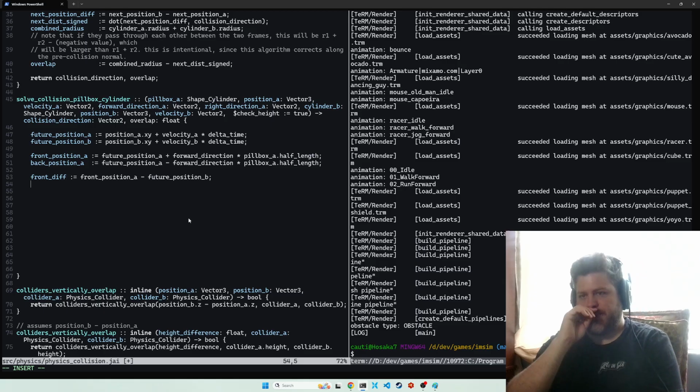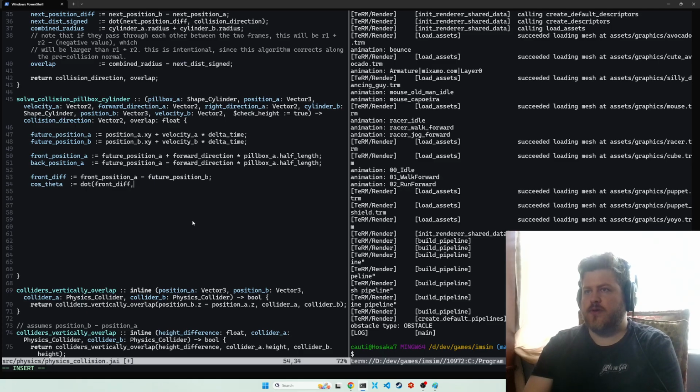Okay, so I take the front diff, so we'll just call it theta. Cosine theta is equal to dot of front diff with the pillbox forward direction.